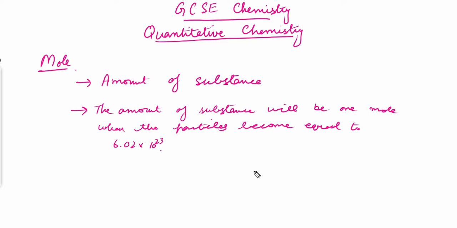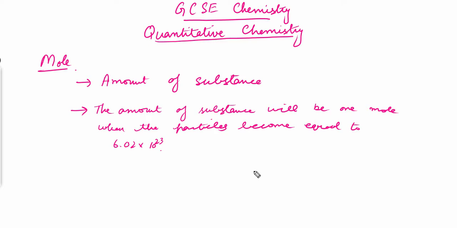In 12 gram of carbon, there are 6.02 times 10 to the power of 23 atoms of carbon. Similarly, 18 gram of water has 6.02 times 10 to the power of 23 molecules of water. So we use this unit of amount of substance to represent the smaller objects at the atomic level.